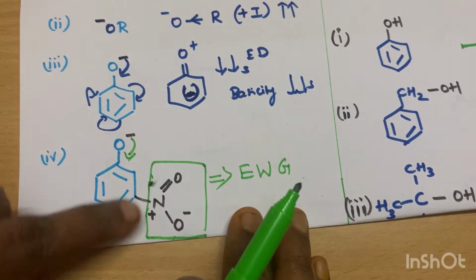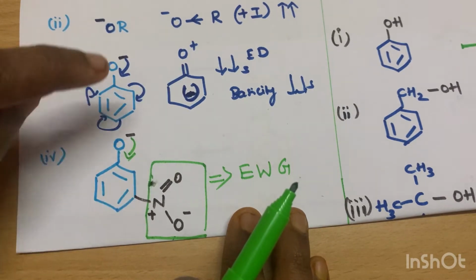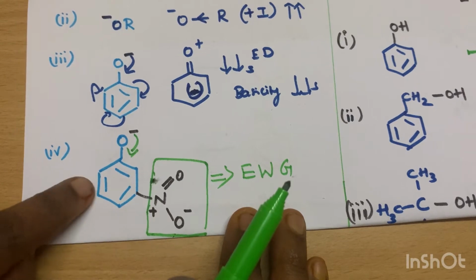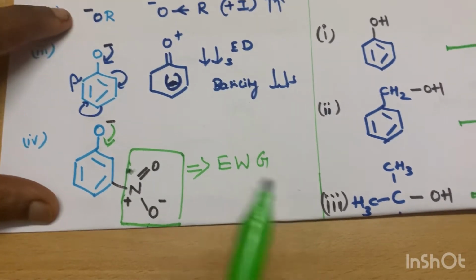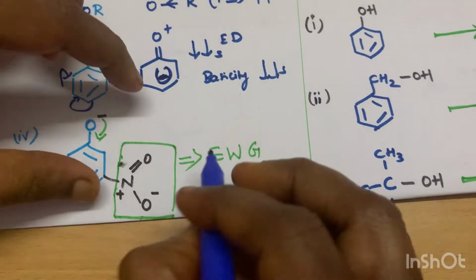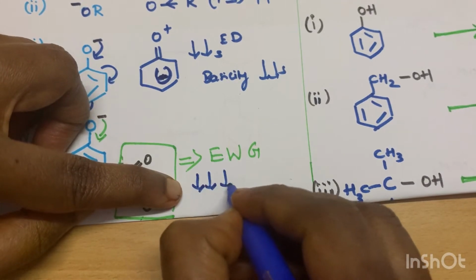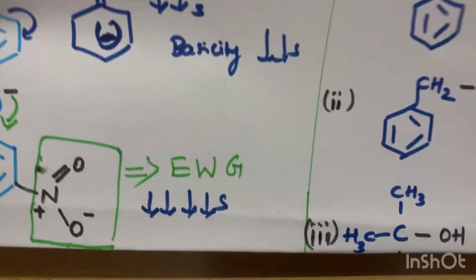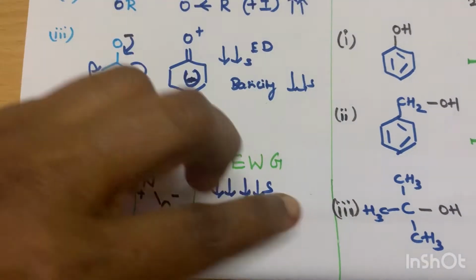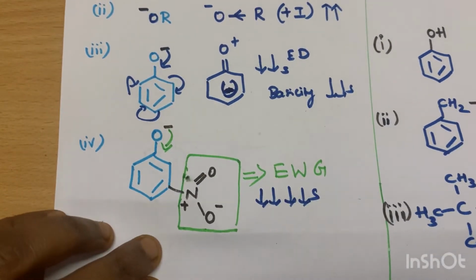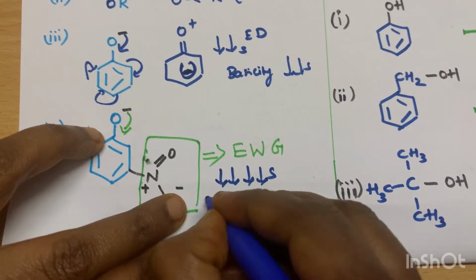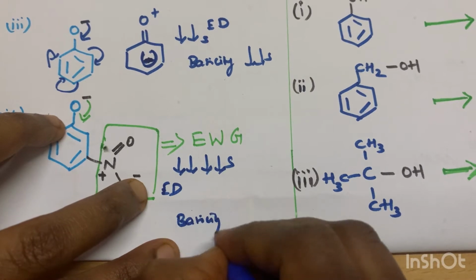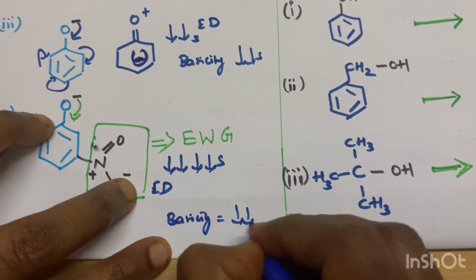Even when compared to the others, the charge density will be even lesser in the nitro substituted phenol. So the electron density decreases so much, with these arrows showing it, so the basicity will be very low.